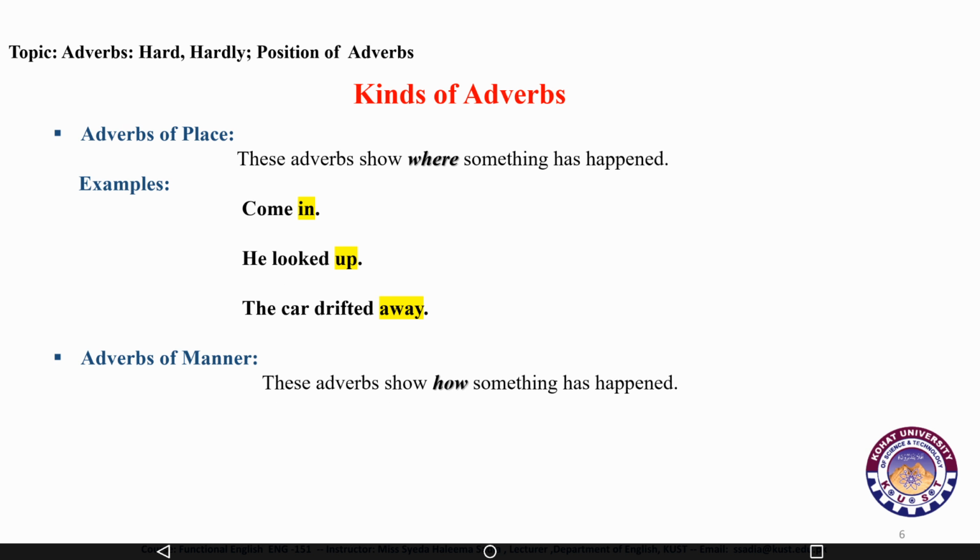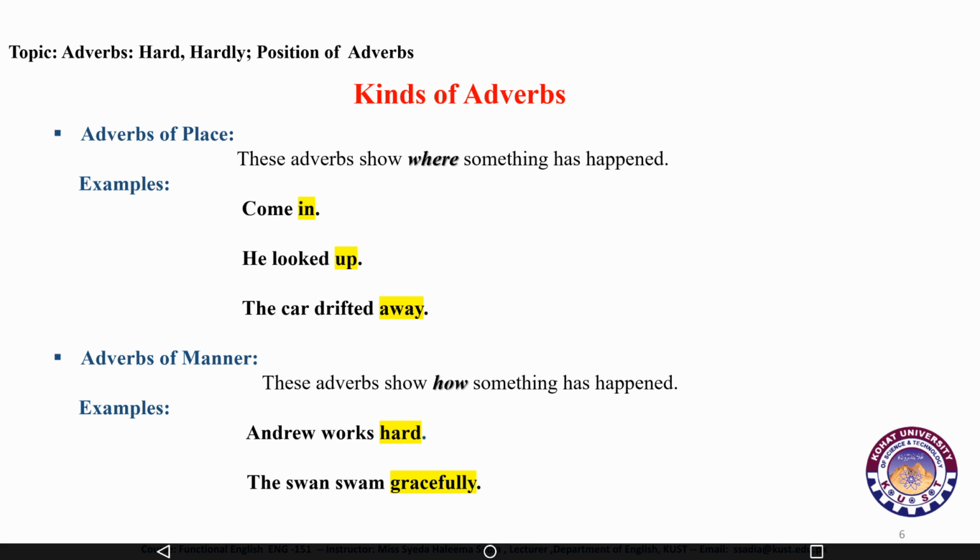These adverbs show how something has happened. For example, Andrew works hard. The swan swam gracefully. How did this swan swim? It swam gracefully. How did Andrew work? Or how does Andrew work? He works hard.